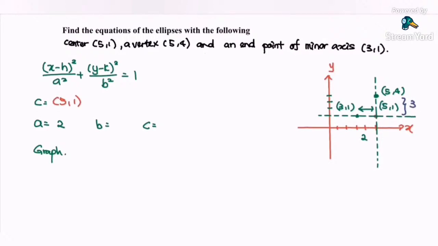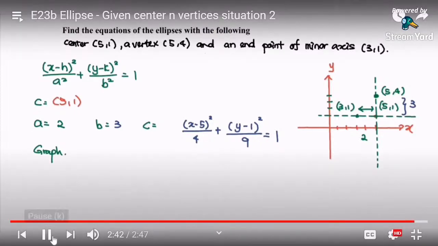So the value b is 3. From this, we can state that (x minus 5) squared over 4 plus (y minus 1) squared over 9 is equal to 1. So here we have the standard equation of an ellipse.